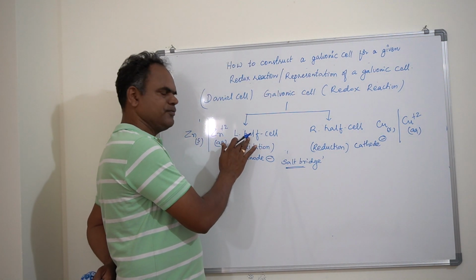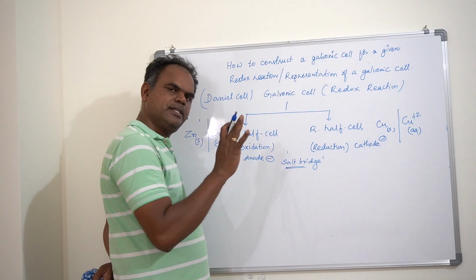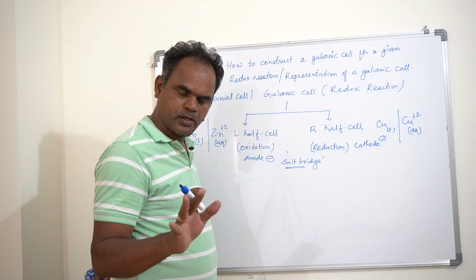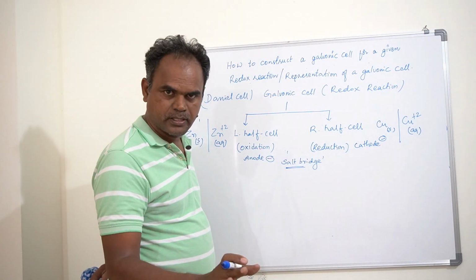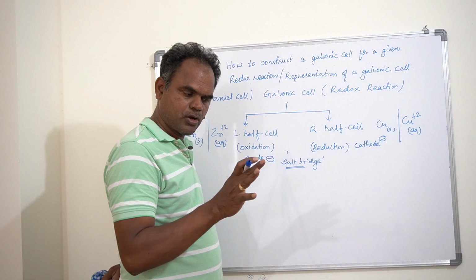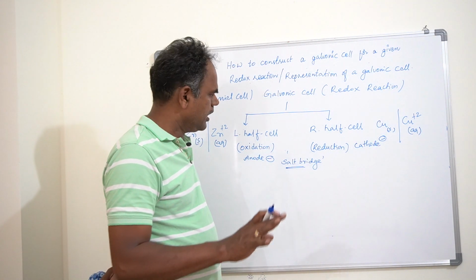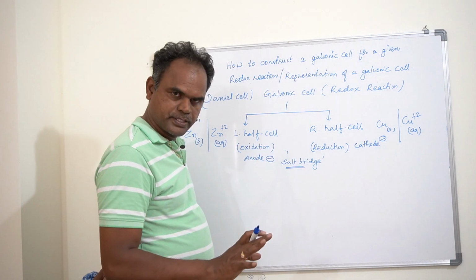That means in the left half cell we take pure zinc metal placed in the zinc sulfate solution. Metal is placed in its salt solution, and in the right half cell there is copper metal placed in the copper sulfate solution. Both are joined by the salt bridge.